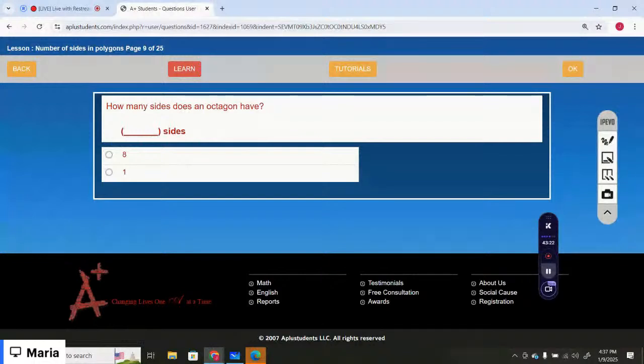How many sides does an octagon have? An octagon has eight sides. The correct option is eight.